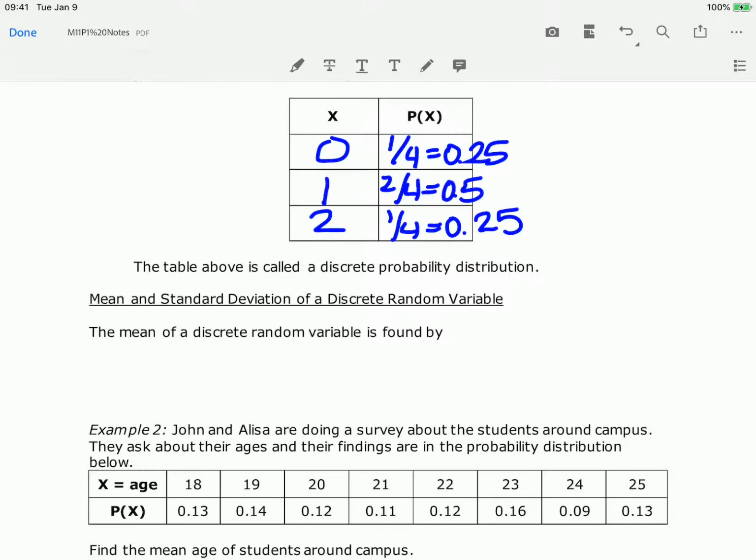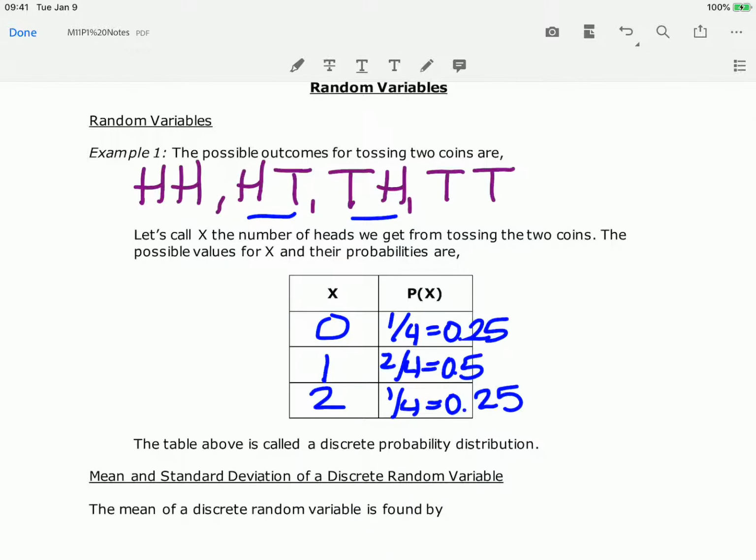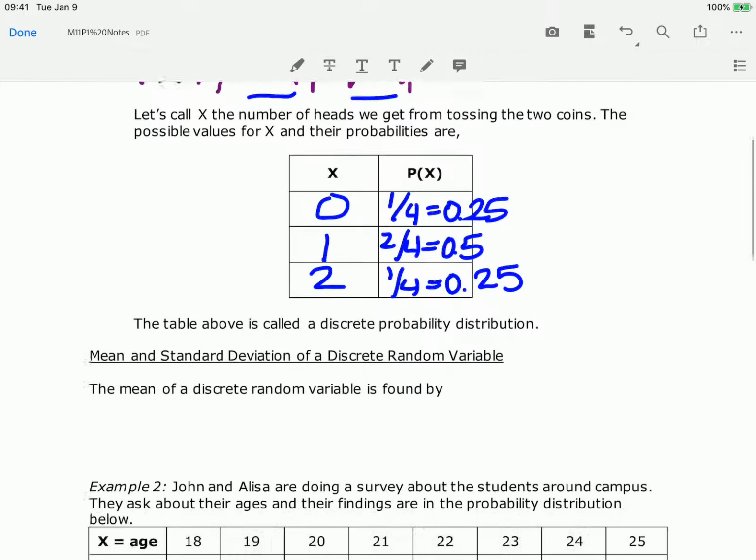So once we have a discrete random variable, or a discrete probability function, we want to find the mean. So looking back up at this first example, what is the mean number of heads that I would expect to find if I flipped the coin 1,000 times?